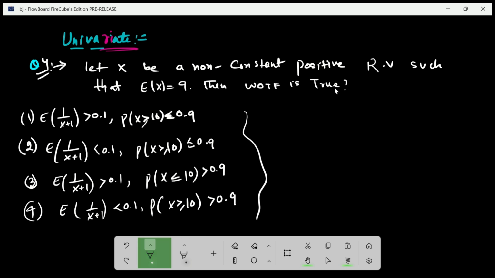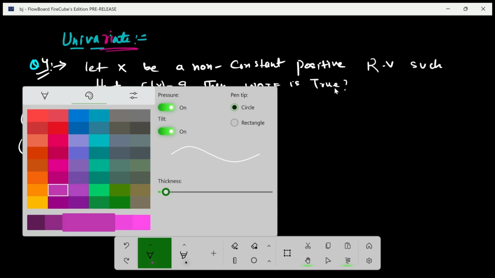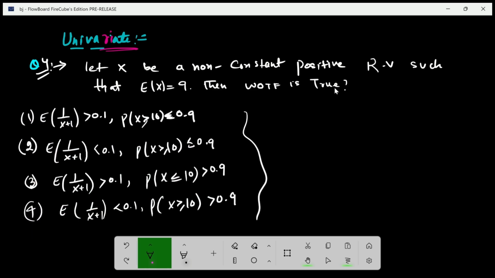So see, this question is a mixture of two concepts. One concept involved in this type of question is Markov's inequality, and number 2 is the property of expectation. If you know, we can write expectation of 1/(x plus 1) as greater than or equal to 1/(expectation of x plus 1).